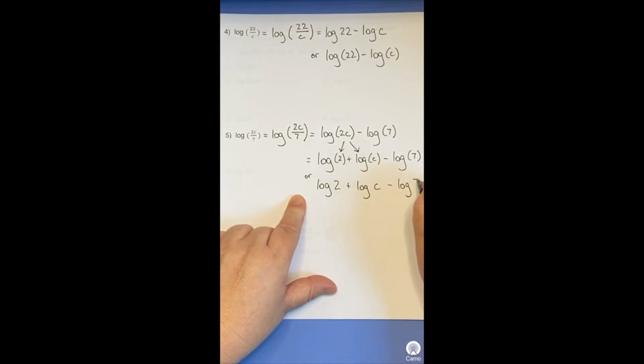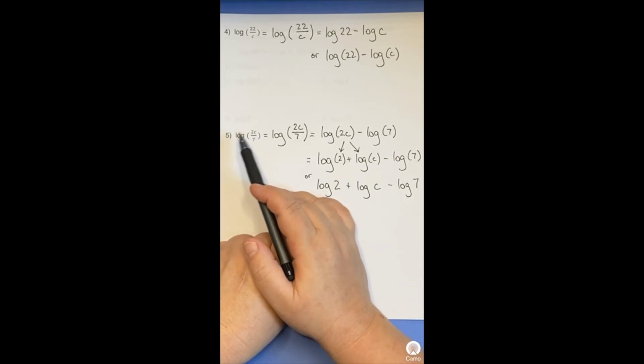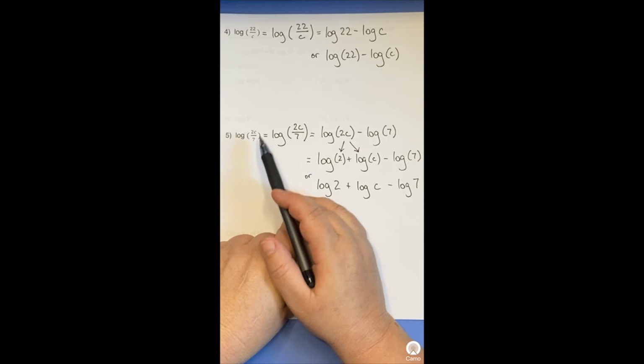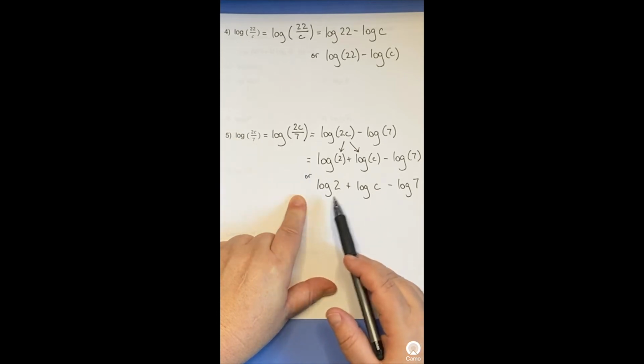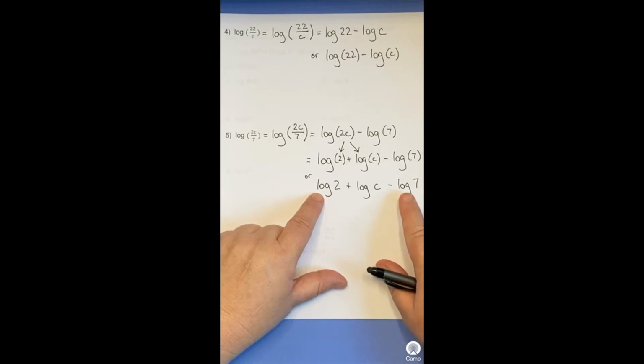Well, in this expression over here, c was trapped inside a logarithm with a bunch of other things. By expanding, I can evaluate log of 2, although I don't know it off the top of my head, and I could evaluate the log of 7.